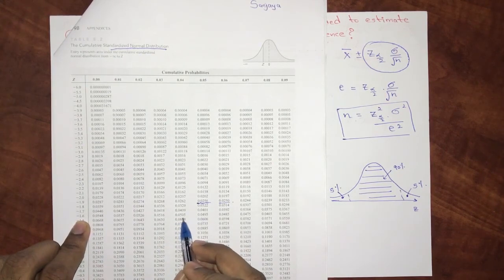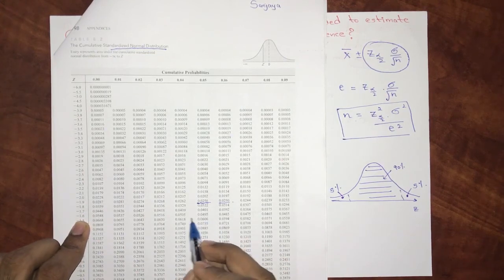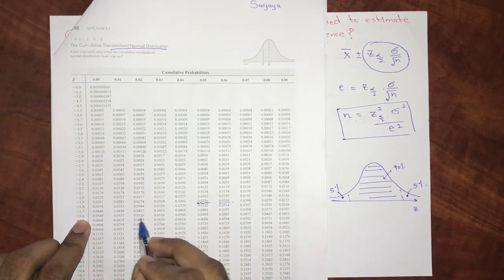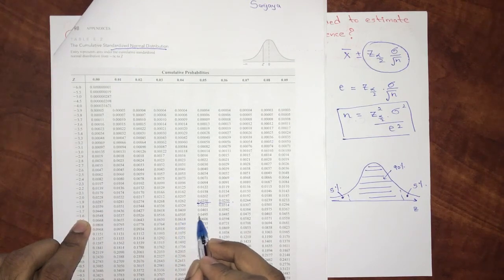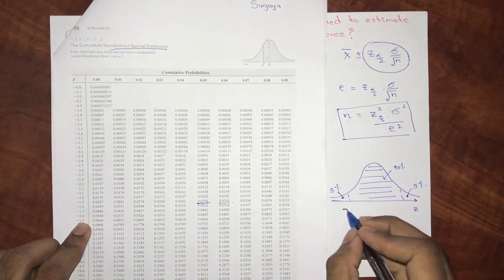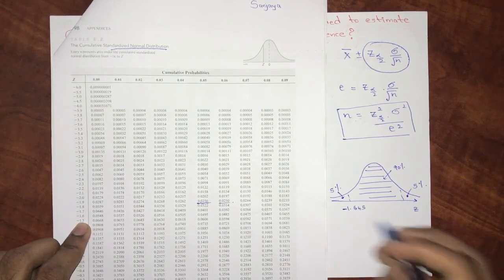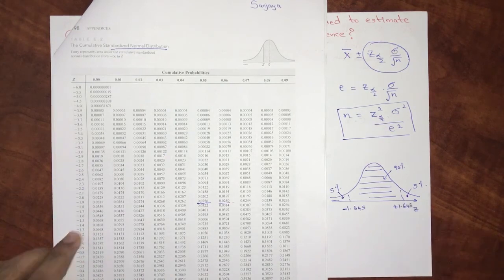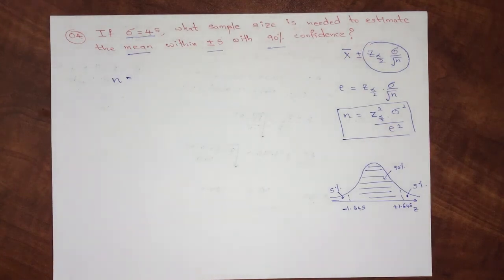There is 0.0505 and 0.0495, so it is in between these two values. So I'm going to take the average of minus 1.64 and minus 1.65 and consider this value as minus 1.645. Since this is symmetric, it is plus 1.645. I have written it to the third decimal.